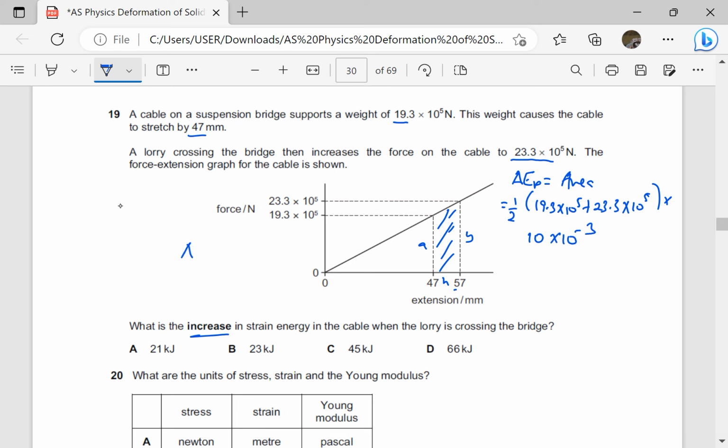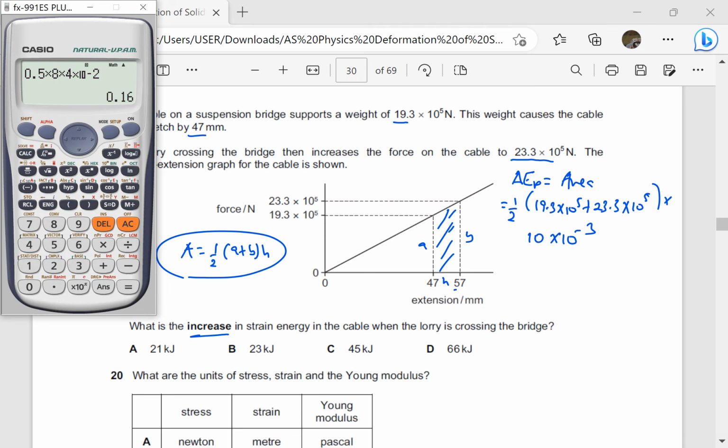Remember, area of a trapezium is a half times A plus B times height. But of course, this formula is not necessary. Here, you just notice you are finding the area of a trapezium. So this is going to be equal to 0.5 times 10 exponent negative 3, then times, I'll open two brackets, 19.3 exponent 5 plus 23.3 exponent 5, and close the brackets.